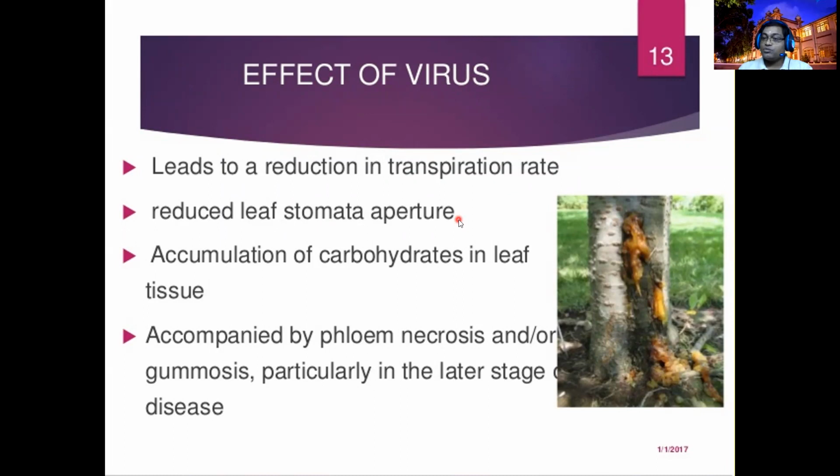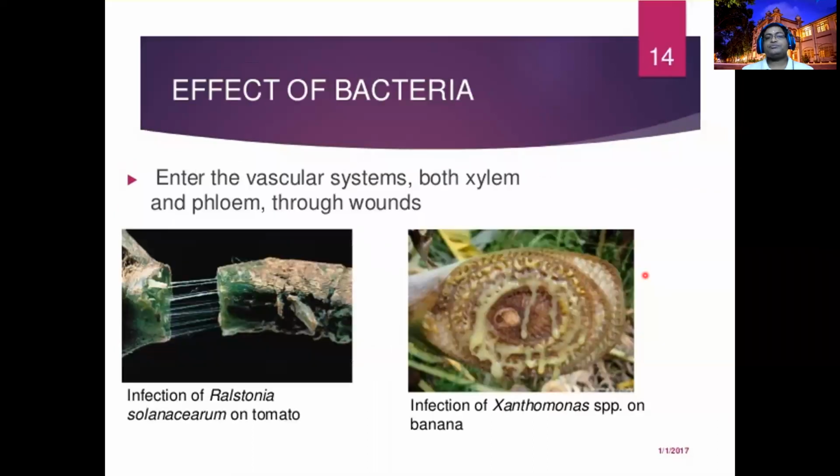Then photosynthesis is also affected, and transpiration is also affected. You see, both functions are affected. If injury is created in the phloem tissues and the xylem tissues, you see the gummy-like substances leaking out of these plants.